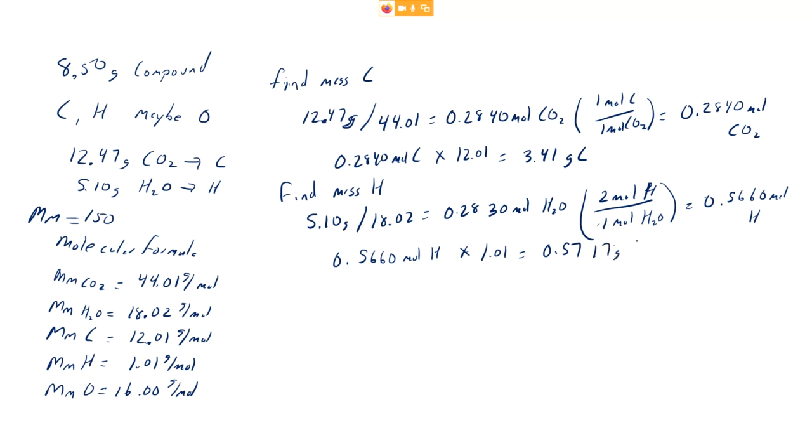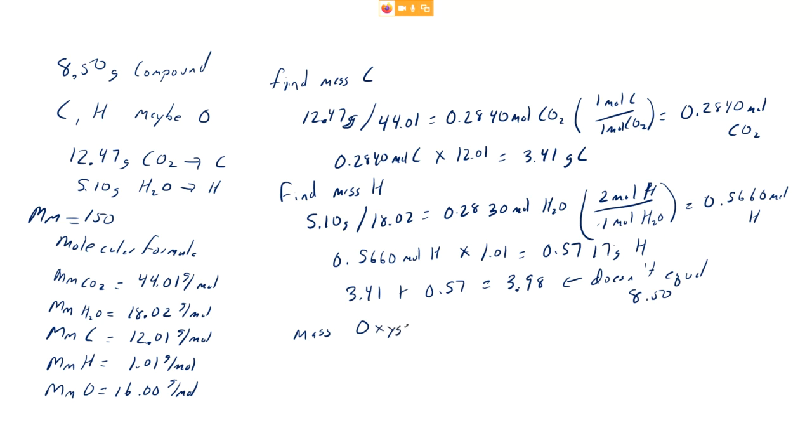0.5717 grams of hydrogen. Now, to see if there's oxygen there or not, if I add 3.41 plus 0.57, I get 3.98. So if this mass doesn't equal, there's something wrong with it, right? Because I remember you saying 8.5. Right, so now the mass of oxygen, so that means there is oxygen there.